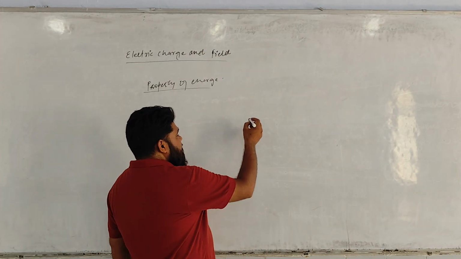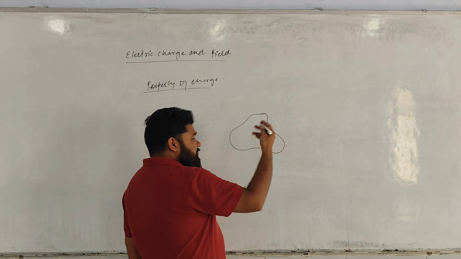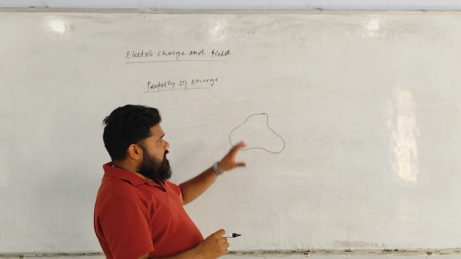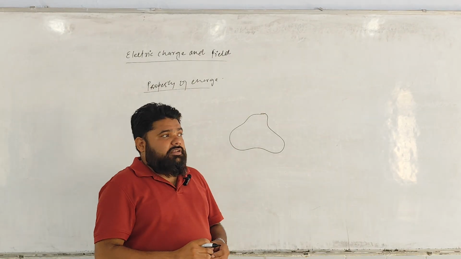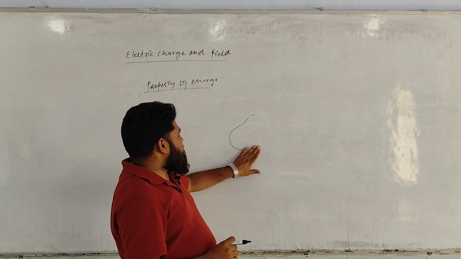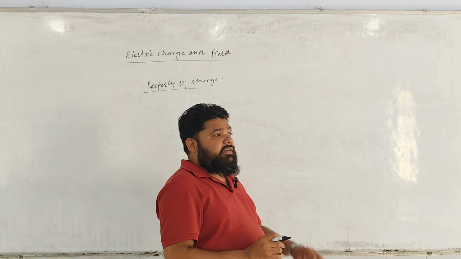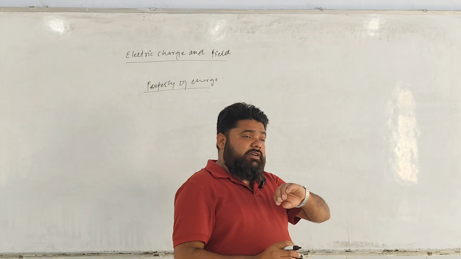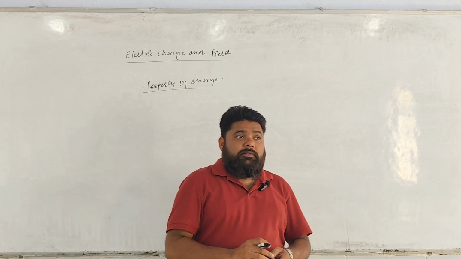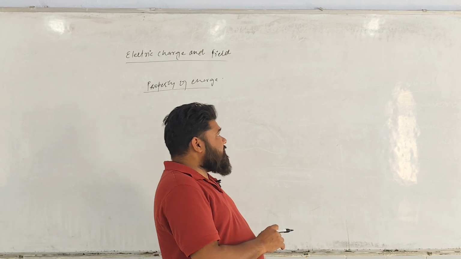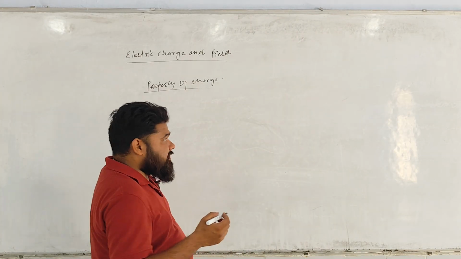That means if we have a system and the system is not connected to any other kind of system, this is called the isolated system. And for any isolated system, the total charge is conserved. That means charge can neither be created nor be destroyed. It can only transfer from one substance or from one material to another in a process. That means the total charge of an isolated system remains conserved.